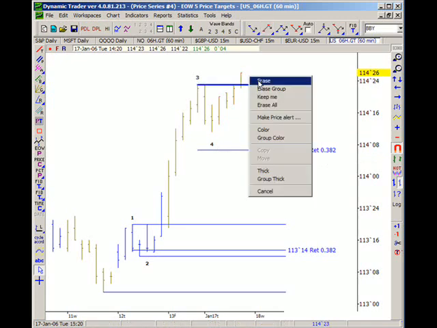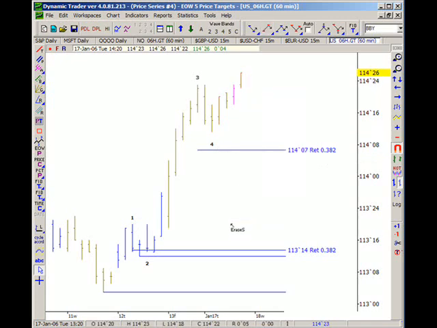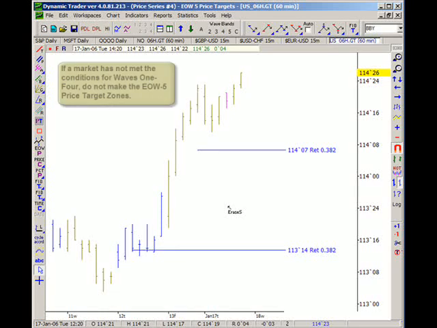So as of the last bar on this chart, this market hasn't met the ideal conditions that we look for to say it's made waves 1 through 4 or sections 1 through 4, so we can make our end of wave 5 price target zone. Now this market may end up completing in this final section 5 up.